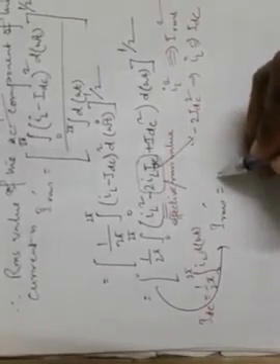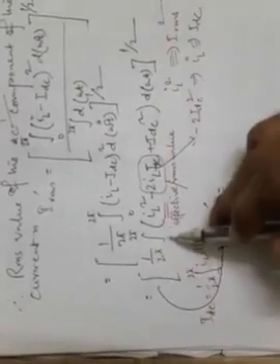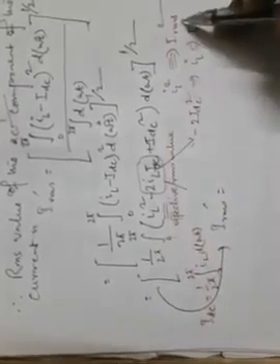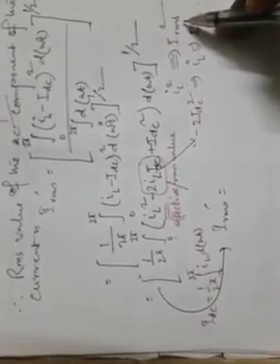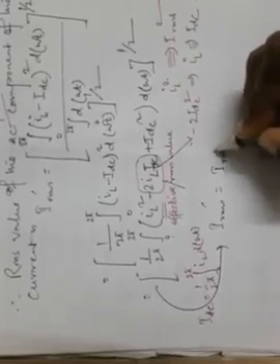So this equation will now become IRMS dash is equal to IL square 1 by 2 pi integration 0 to 2 pi IL square d omega t, which is nothing but IRMS square. So we should be writing IRMS square.